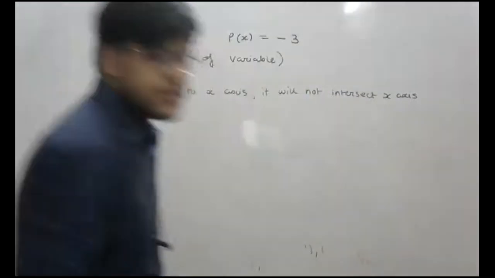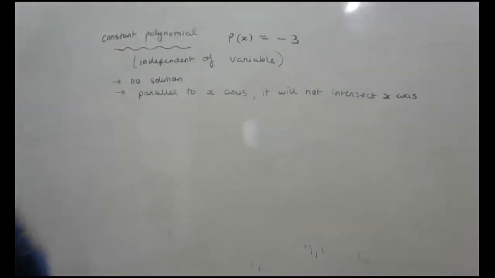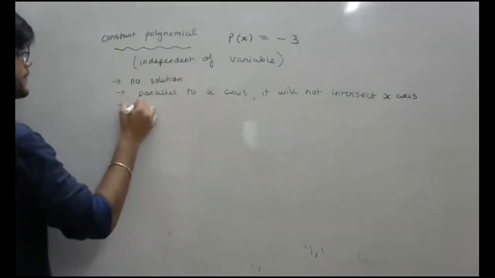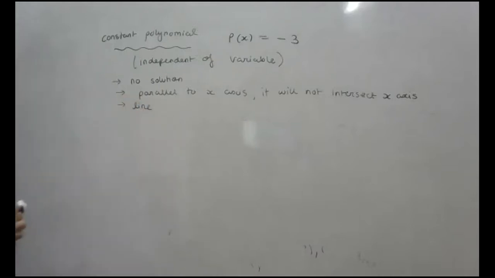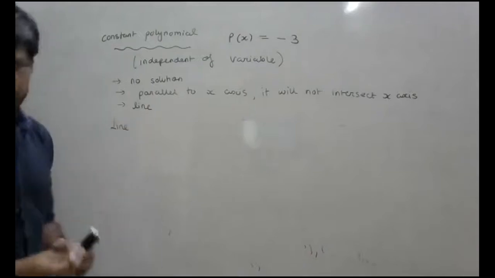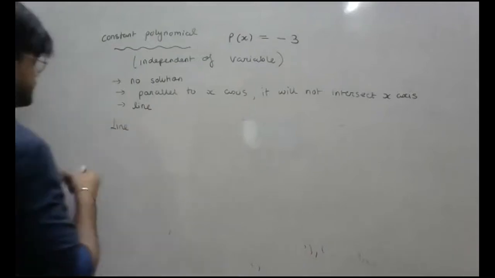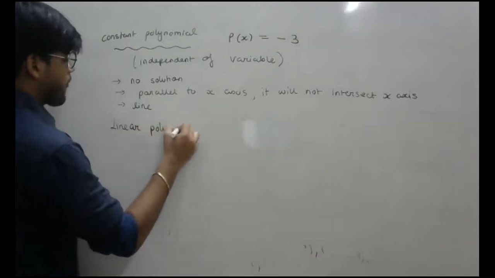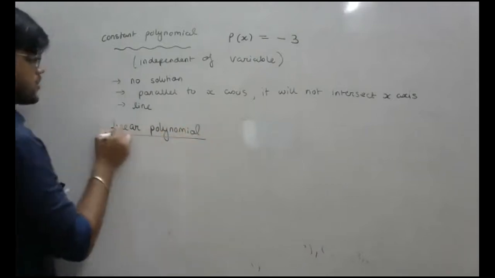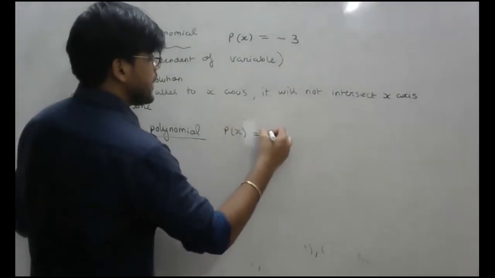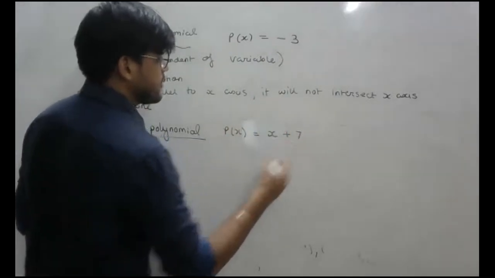Now, instead of this, if we have a linear polynomial, it will also form a line. Constant polynomial की parallel line होती है. And when we have a linear polynomial, इसका एक example, p of x equals x plus 7.